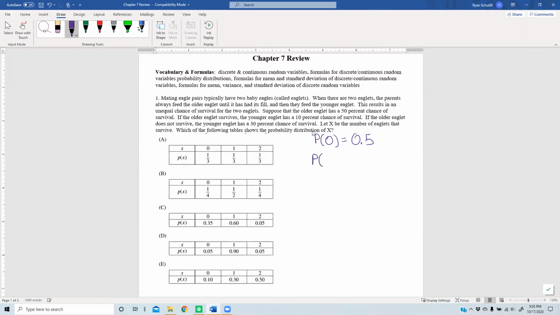So the probability of young, given that old survived, is a 10% chance. If the older eaglet does not survive, the younger eaglet has a 30% chance of survival. So probability the young survives given the old does not is 30%.